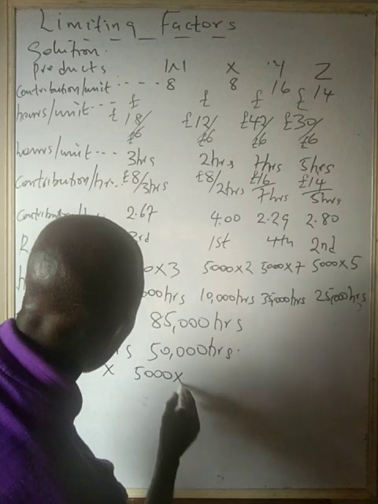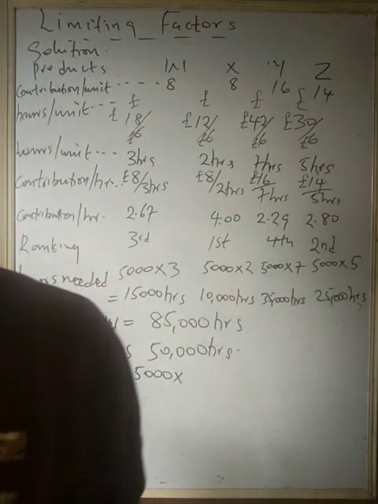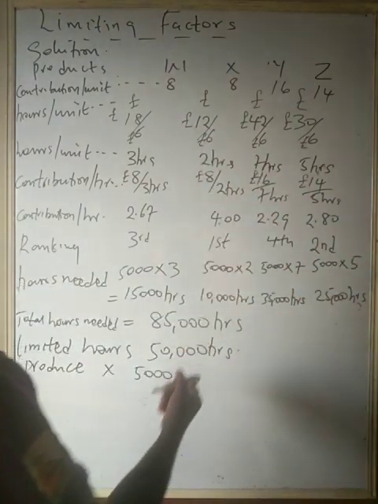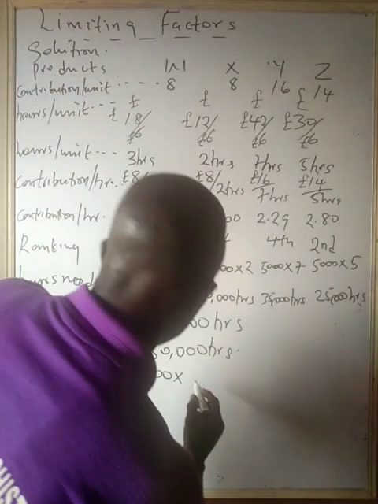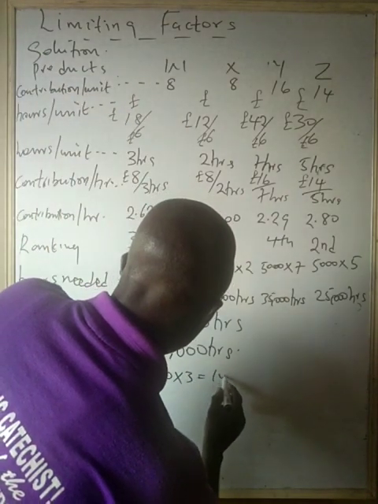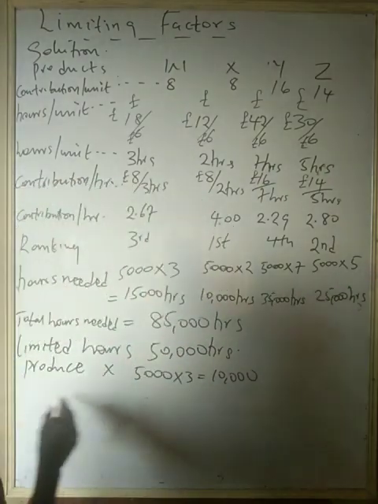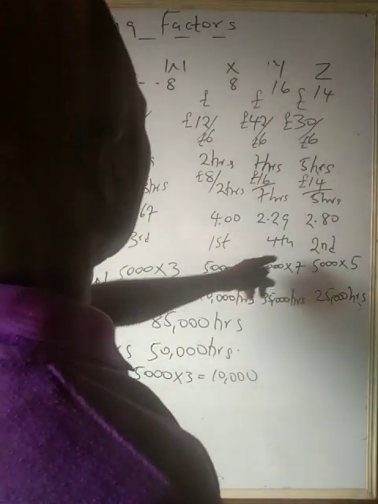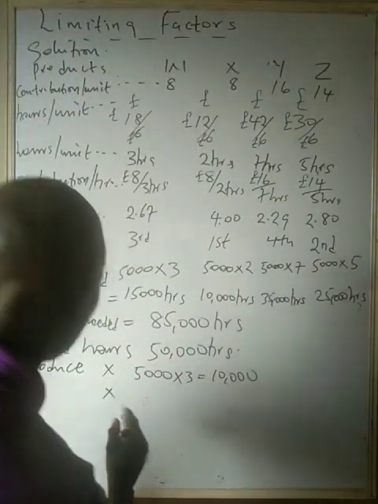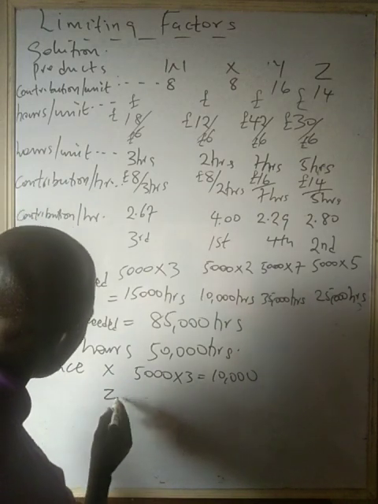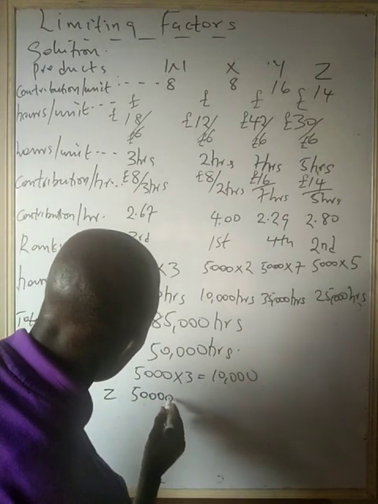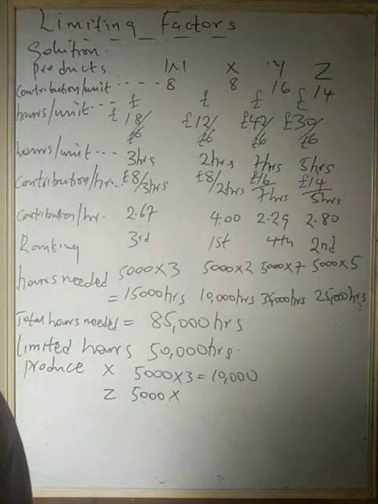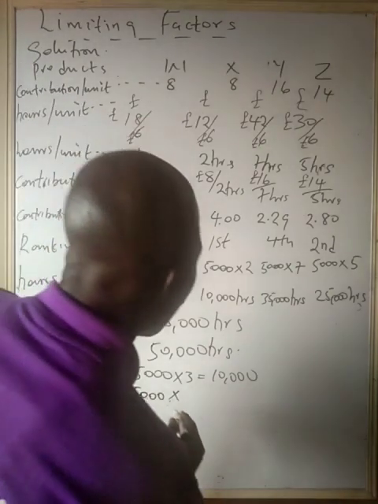5,000 units multiplied by how many hours? 10,000 hours, times 3. Then produce the product that is second. Second is Z. Product Z, 5,000 multiplied by 5 hours per unit.